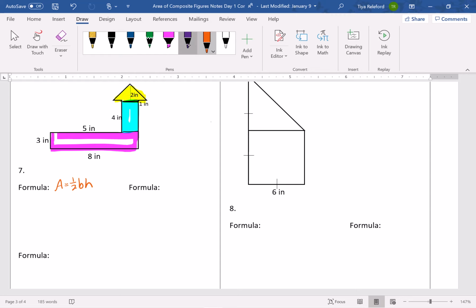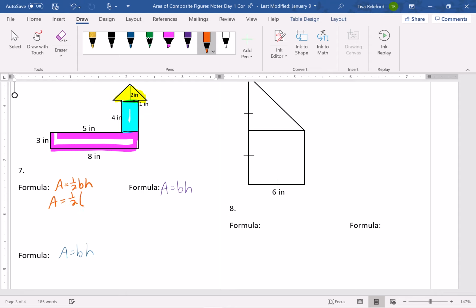I'm going to need my rectangle formula, and I'm going to need another rectangle formula. So when I look at the triangle, 1/2 stays 1/2. I have a height of 2.